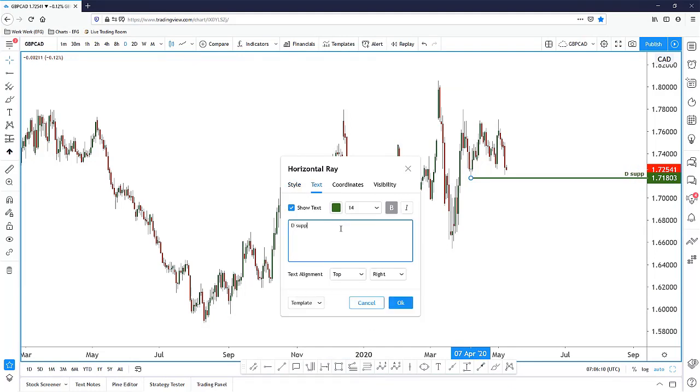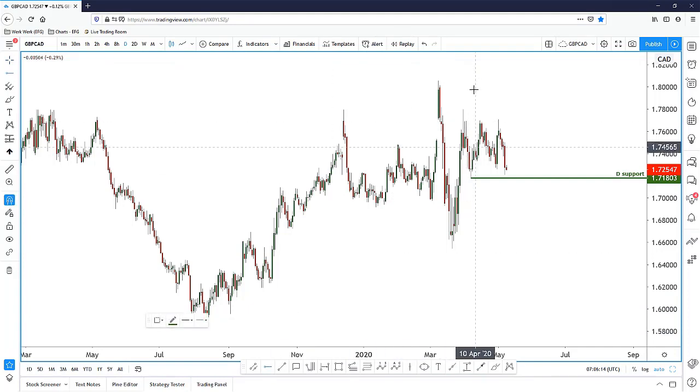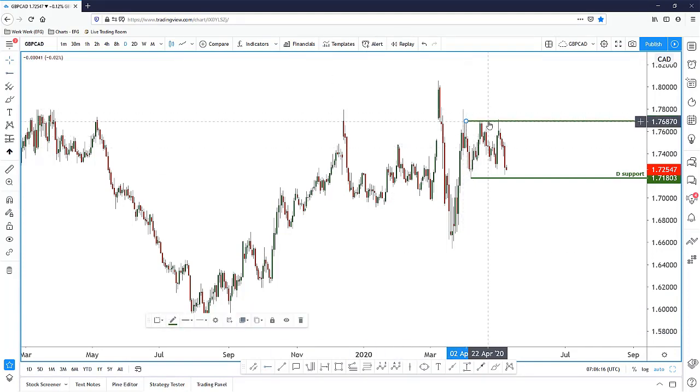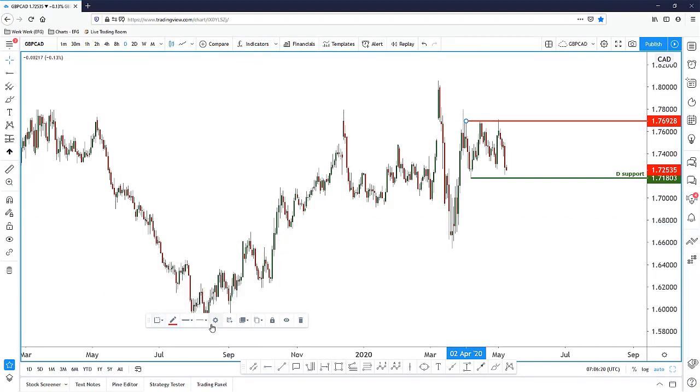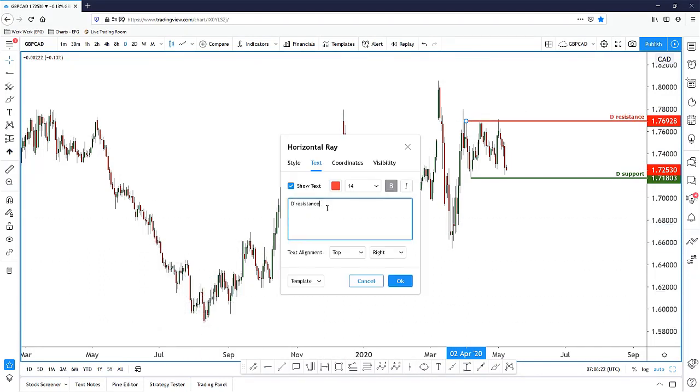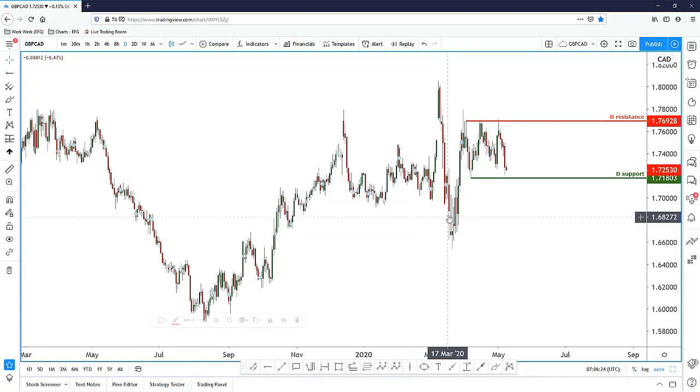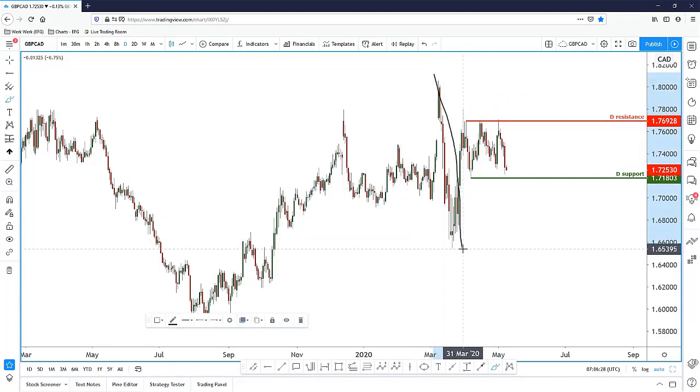All right, I'll just put the level there, daily support, and we also have a daily resistance level here as well. Price actually made this huge push down, so we want to see whether this daily resistance is in line with any retracement levels.